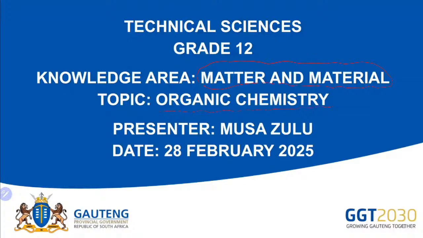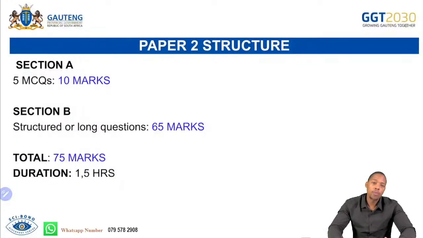Okay, so matter and material is a knowledge area that is found in paper 2, together with organic chemistry. So it is important that we know the structure of paper 2 as we have been looking at the structure of paper 1 when we were doing paper 1. So the structure of the paper is as follows.